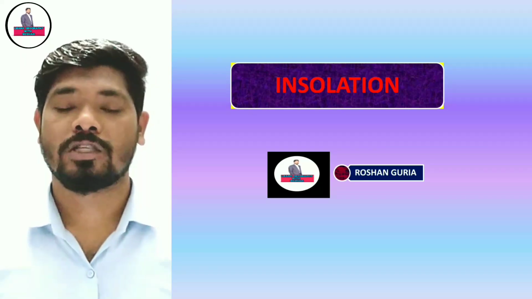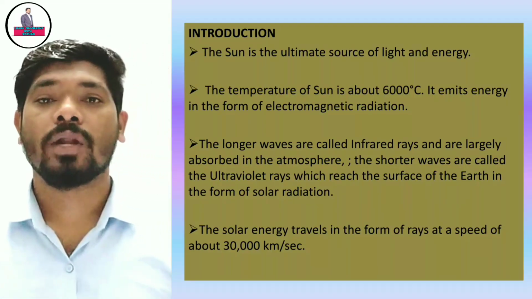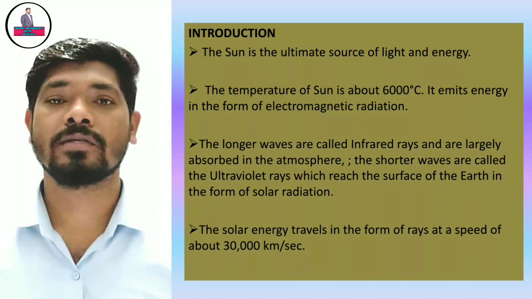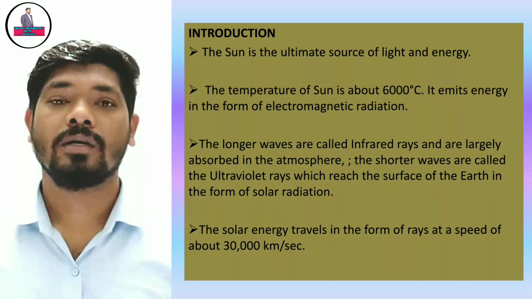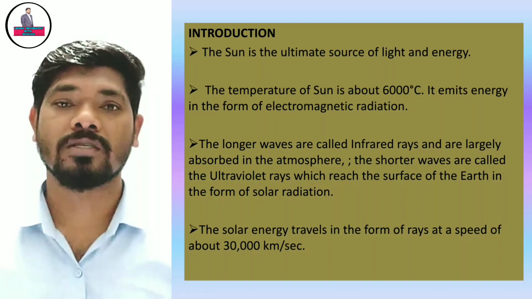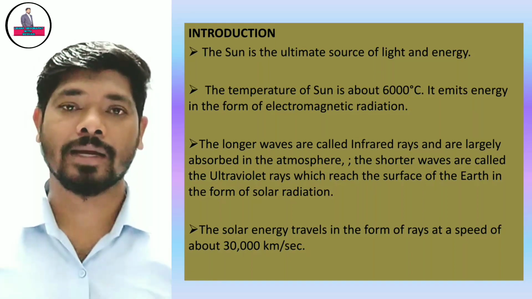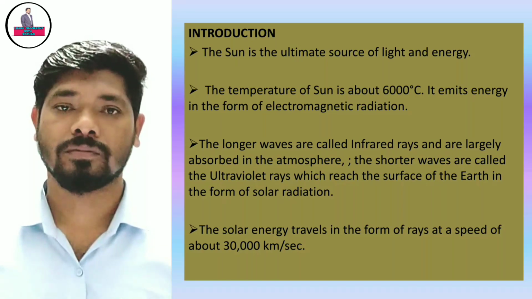So coming towards the first part, the introduction, that is insolation. What do you understand by the term insolation? Insolation means the incoming solar radiation from the sun. The rays that come directly to the surface of the earth are known as insolation.